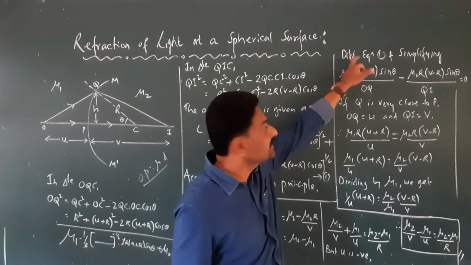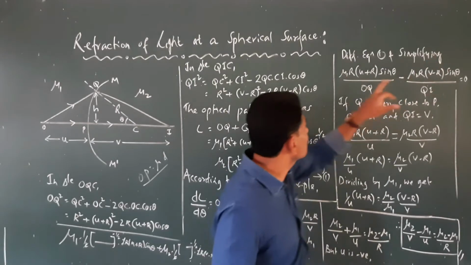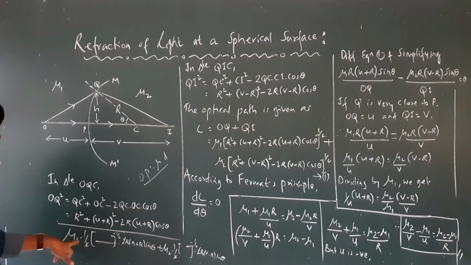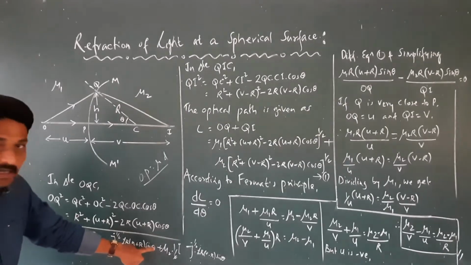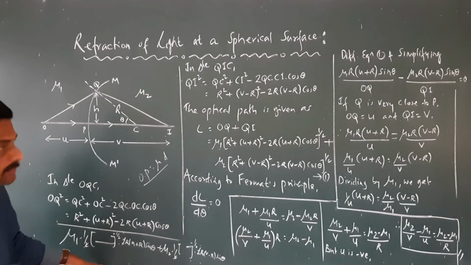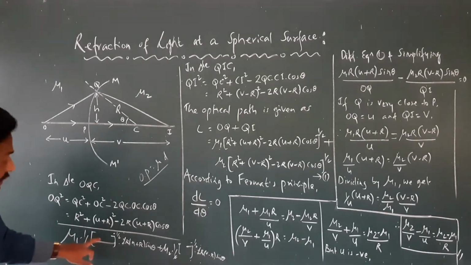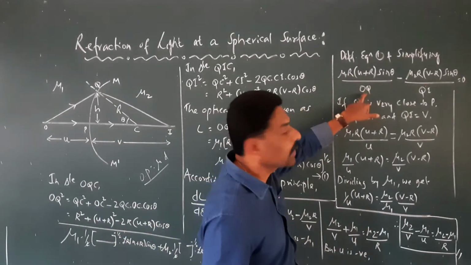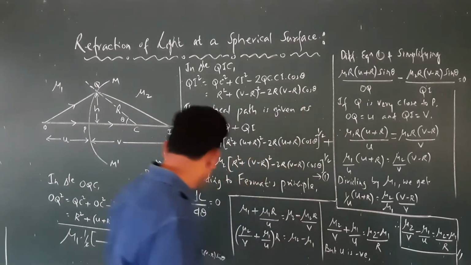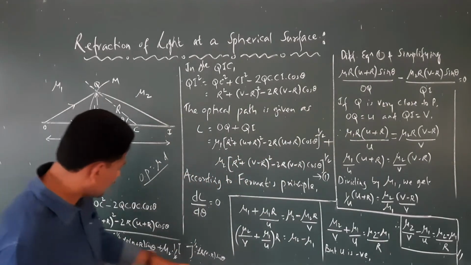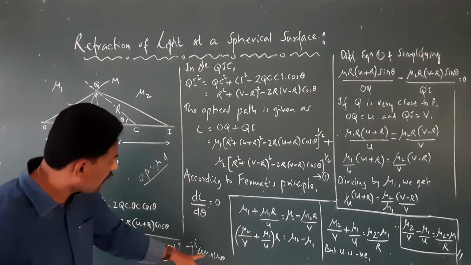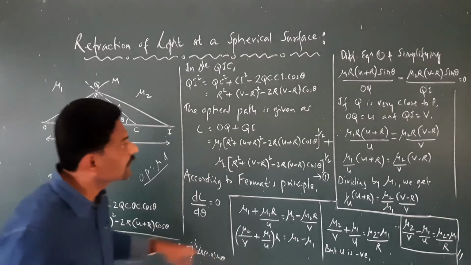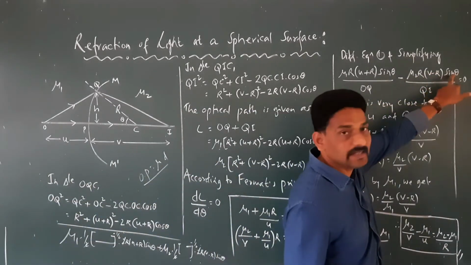Differentiating equation 1 and simplifying, what we get is mu1 into r into u plus r into sin theta. This is taken to the denominator. But what is this term? This term is nothing but OQ. So this divided by OQ, minus the second term, mu2 into r into v minus r sin theta as it is.